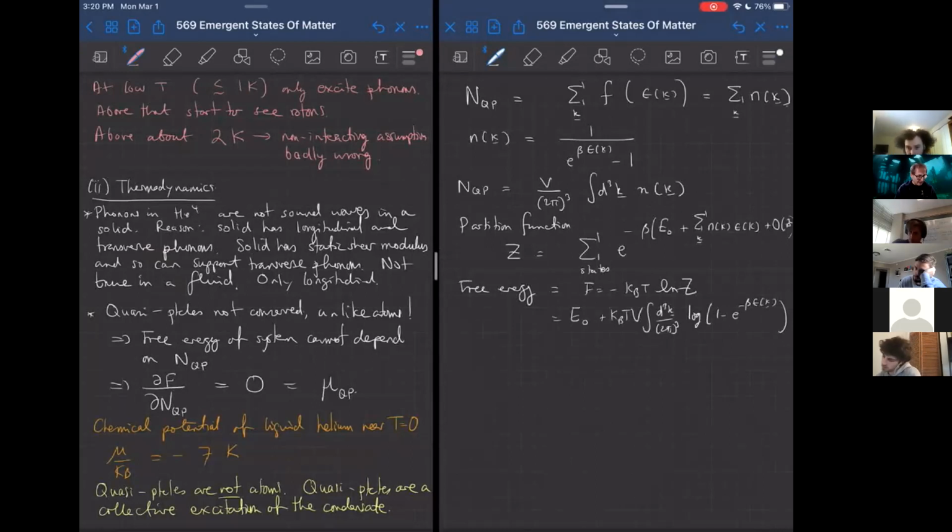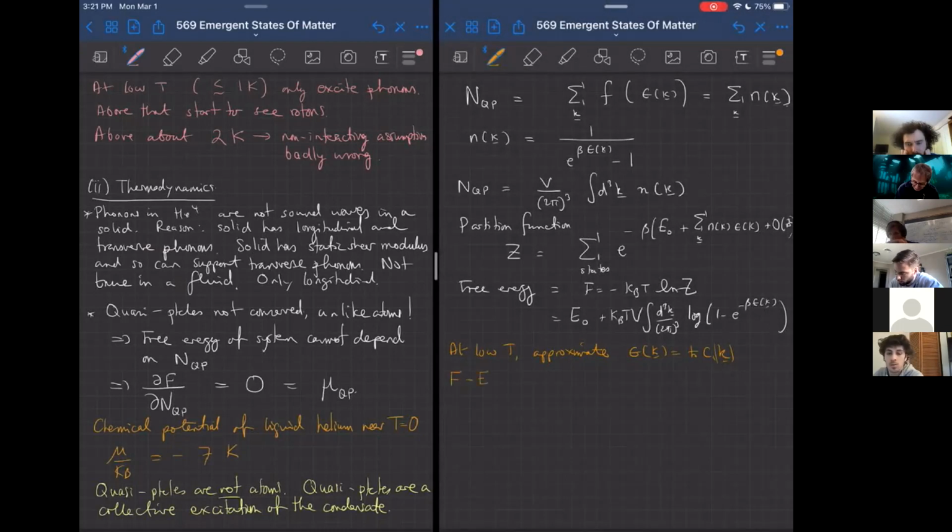And so the point is that at low temperatures I only have to worry about the phonons, so I can approximate epsilon like that, then I can compute the result, and I'm going to just do that, and then that'll be the end of today's lecture.